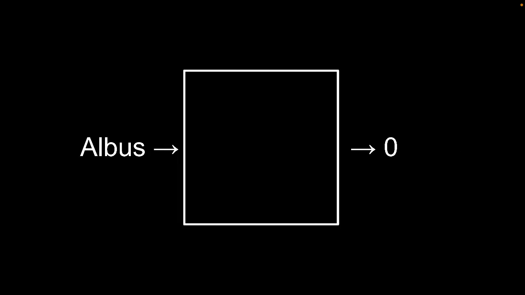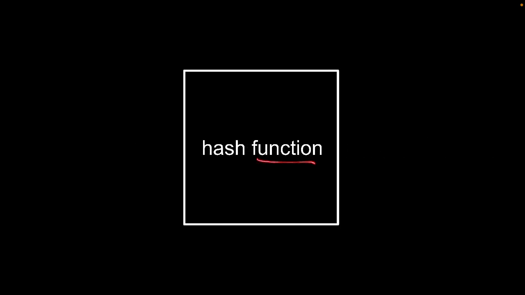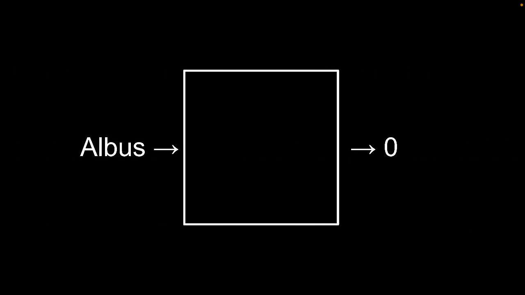I'll preface it: we're calling it a function, but don't think about the mathematical function from calculus where each input has a unique output, because is that true here? That's one of the properties of a good hash function: every time you plug in Albus, it's going to give you 0.